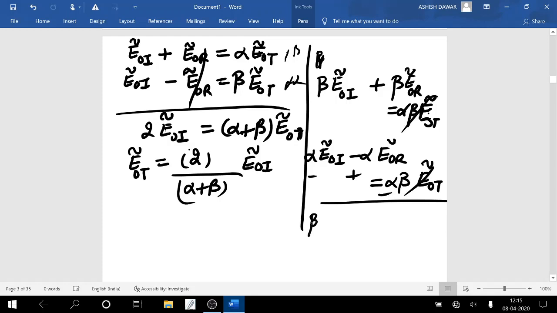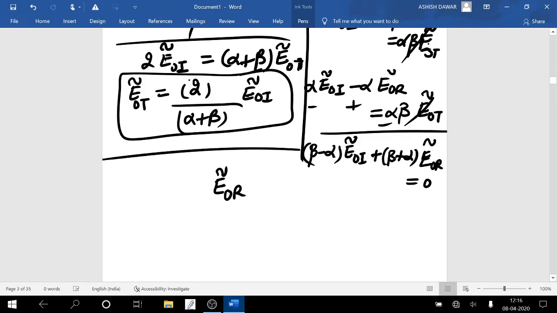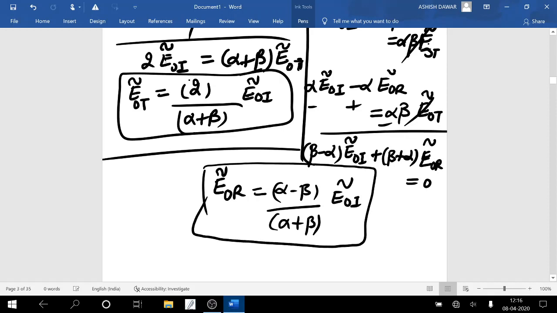So we have (beta minus alpha) E0i plus (beta plus alpha) E0r equals 0. Taking to the other side, E0r equals (alpha minus beta) upon (alpha plus beta) E0i, and that is the reflection amplitude.